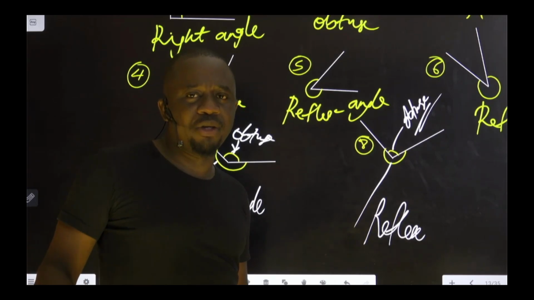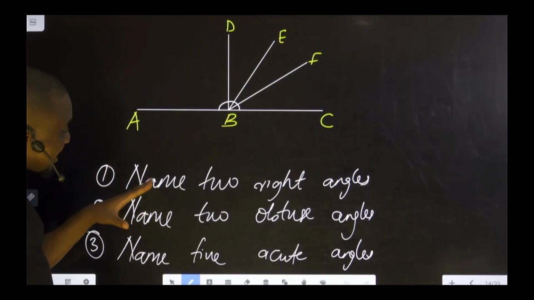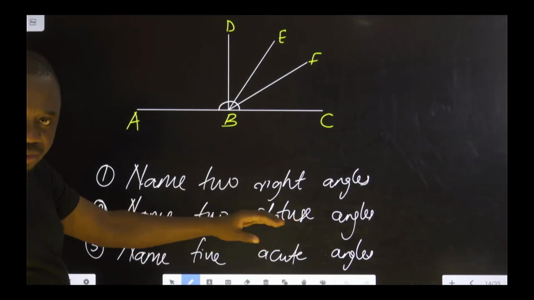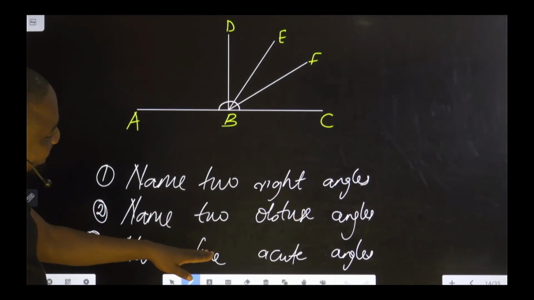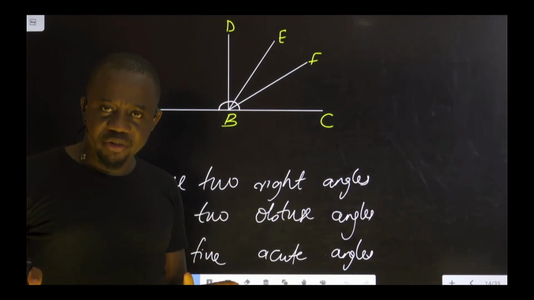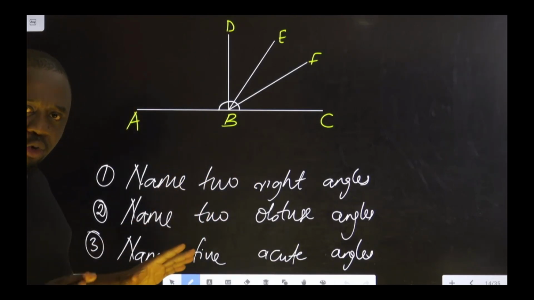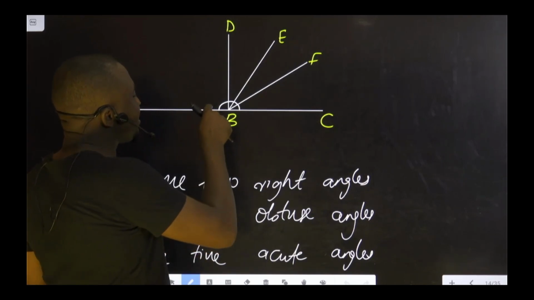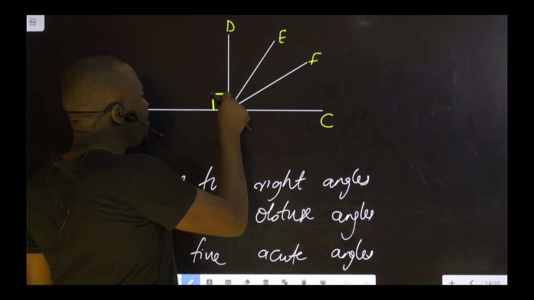Hope this is understood. Thank you for viewing. Now look at this. It says name two right angles, name two obtuse angles. This says name 5 acute angles. Let's start from the first one. Why not pause the video and work on this before you continue? Okay? Two right angles. As you can see in this place, this is a right angle.